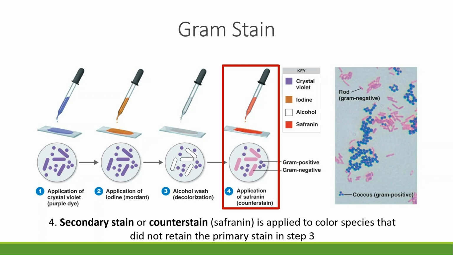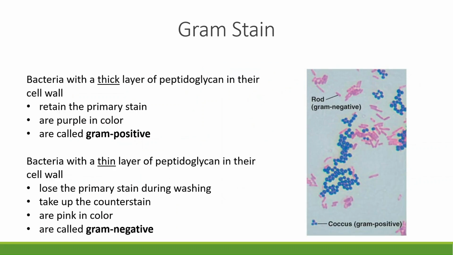So basically, we have steps 1 through 4, and at the end of this, we should have purple or dark blue color for Gram-positive cells. We can see here our coccus cells are Gram-positive, and a pink rod shape is our Gram-negative in this example. If we zoom in and look a little bit closer at actual samples, we'll see we have two different types of bacterium.